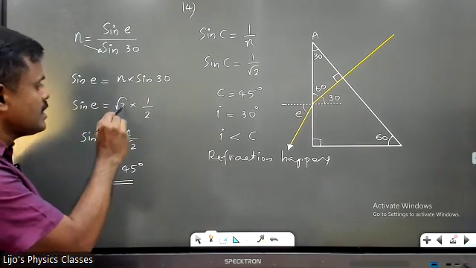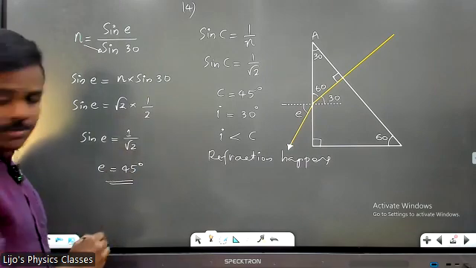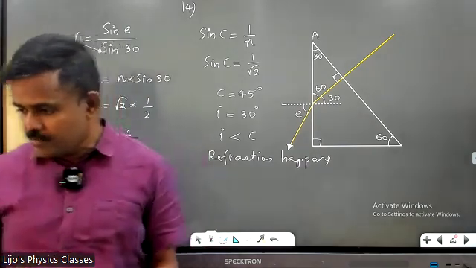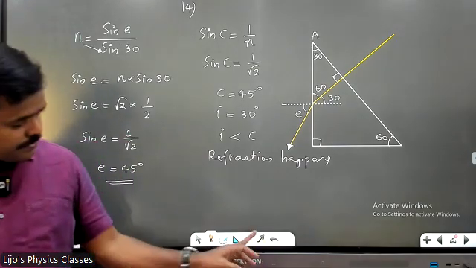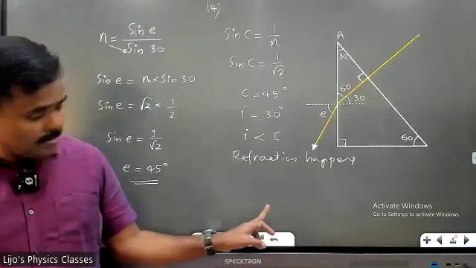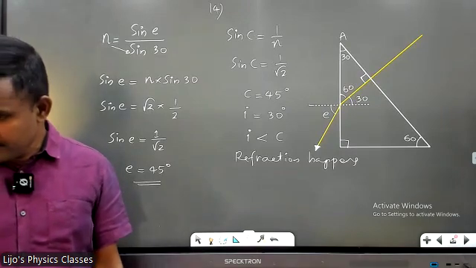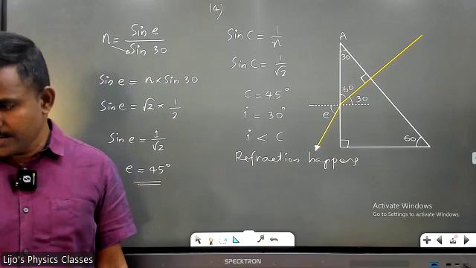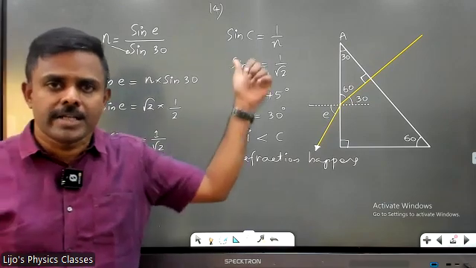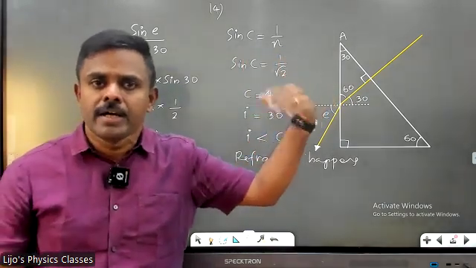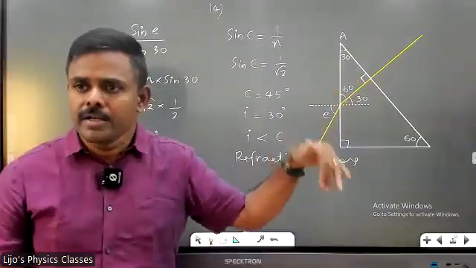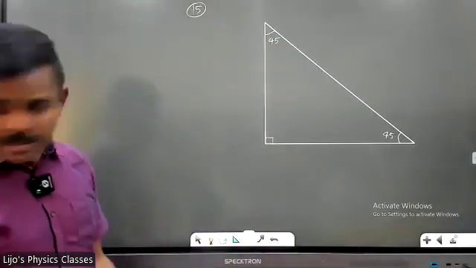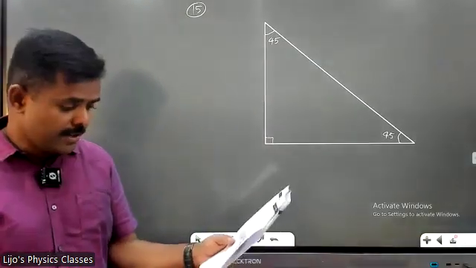N is root 2, into 1 by 2, that is 1 by root 2. So sin E is 1 by root 2, which means E is equal to 45. Clear, Trisha? Or tell me where you are confused, I can clear it. Hope it's clear now. That is how we apply Snell's law. Snell's law is n equal to sine of the rarer medium angle by sine of the denser medium angle, under the assumption that you are taking the denser medium's refractive index. Okay, draw the figure now.